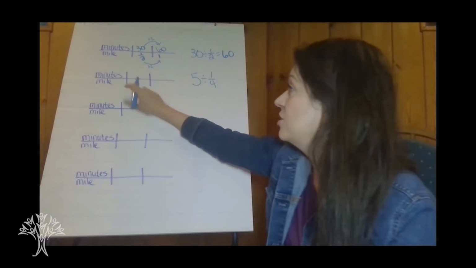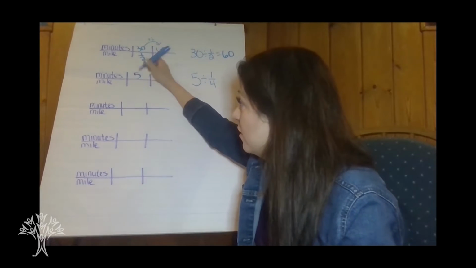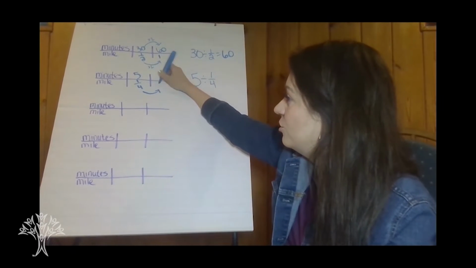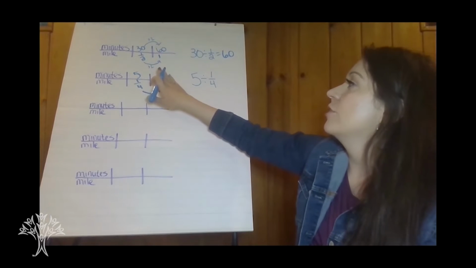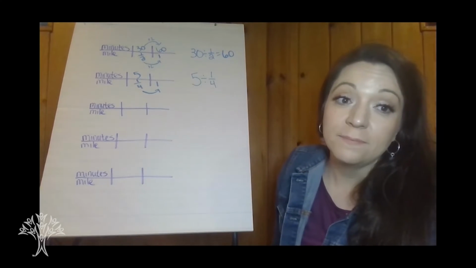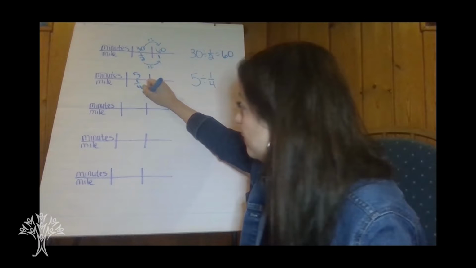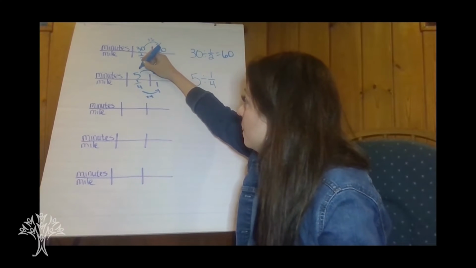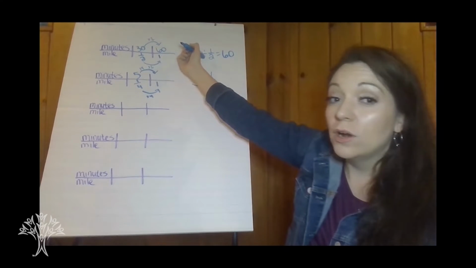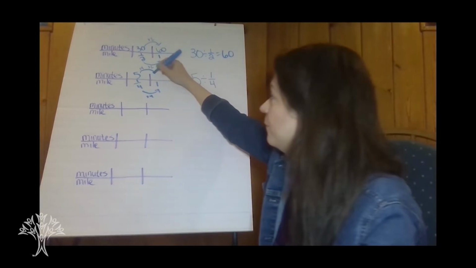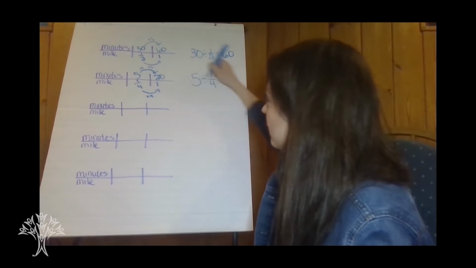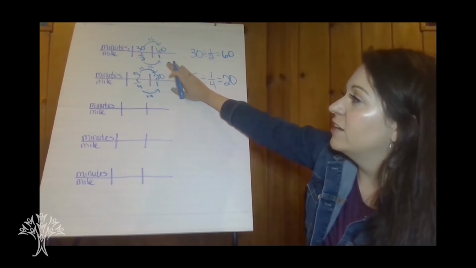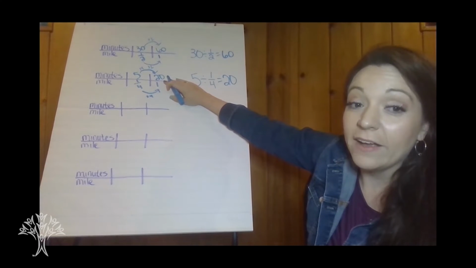And in your ratio table, the minutes are 5 minutes for 1/4 of a mile. And we want to get to 1. 1/4 times what gives you 1? Times 4. So 5 times 4, 20. So for this person, it would take 20 minutes to walk the whole mile.